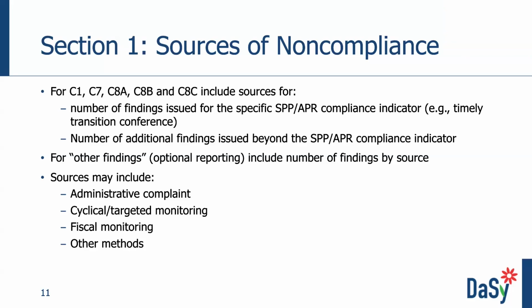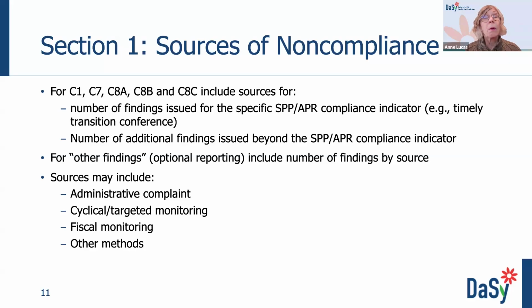Okay. Thank you. Yeah, and the sources, as Susan was talking about, it could be an administrative complaint, or it could be cyclical or targeted monitoring. It could even be fiscal monitoring. Maybe there are some things that you've gathered through fiscal monitoring, which I know some states are doing.